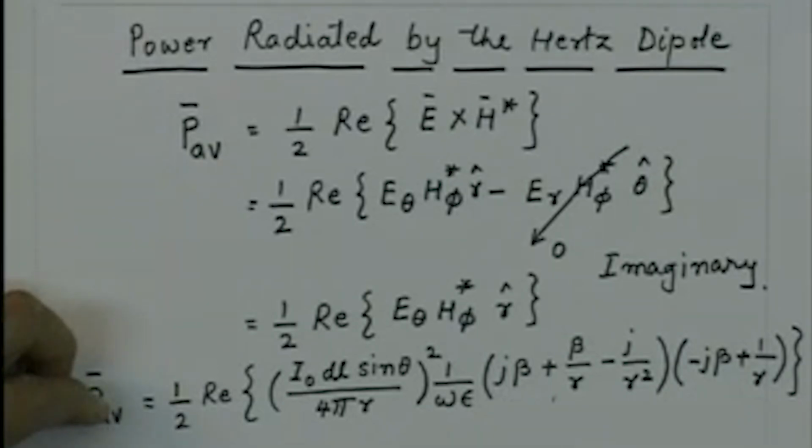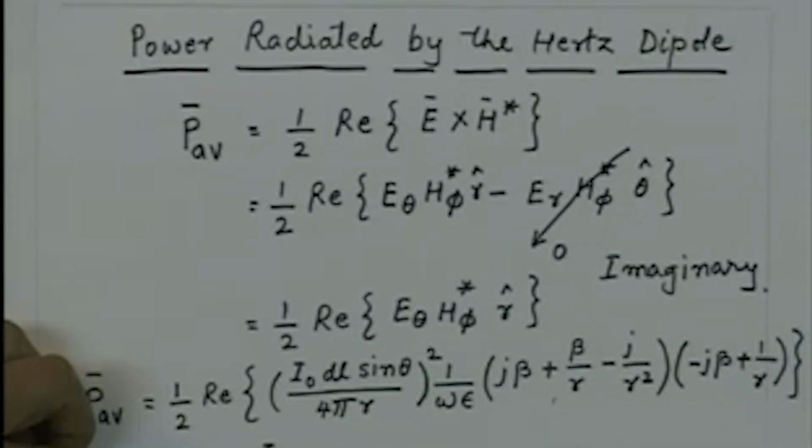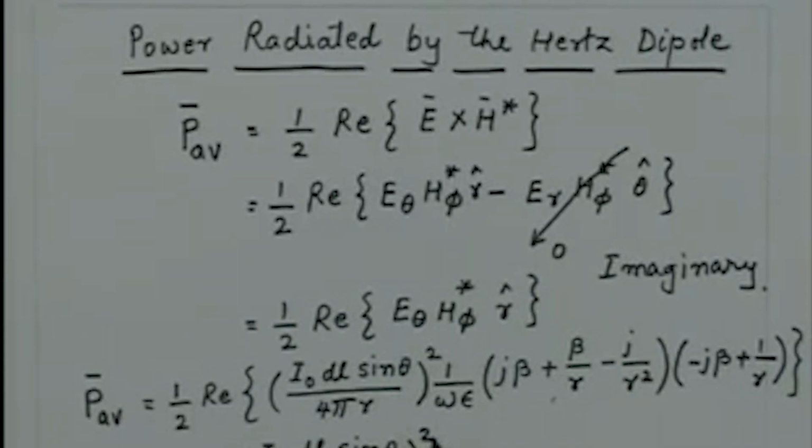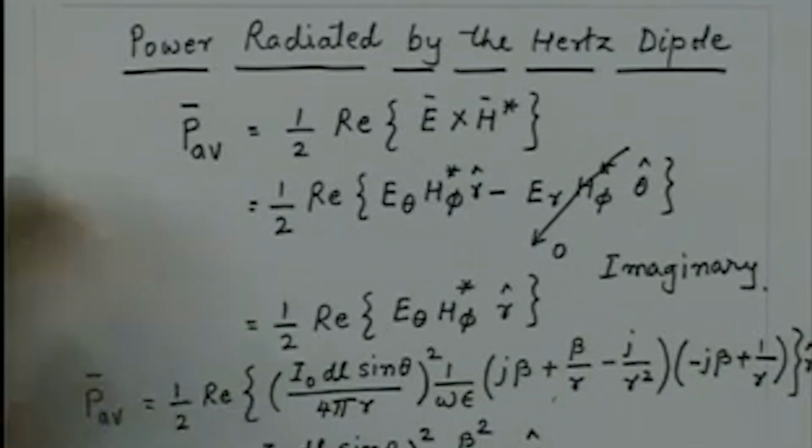So essentially the real part, if we calculate for this term, that will be equal to half I0 dl sin theta divided by 4 pi r square, beta square upon omega epsilon, and this will be in the direction r. So it has the unit vector r. So this also will be in the direction r.